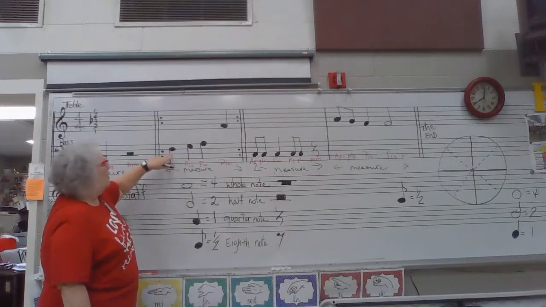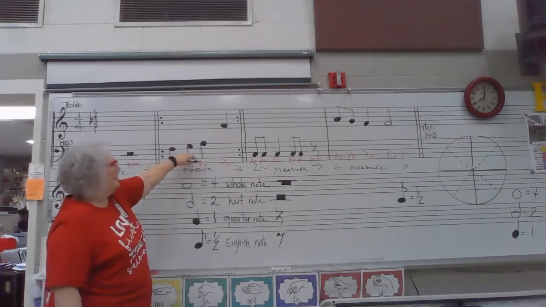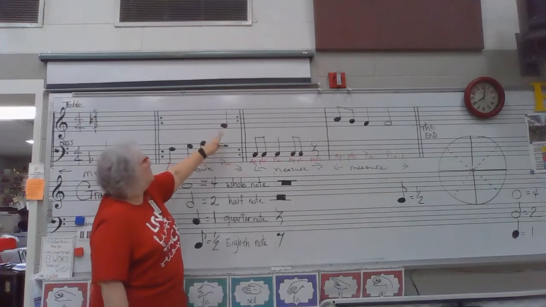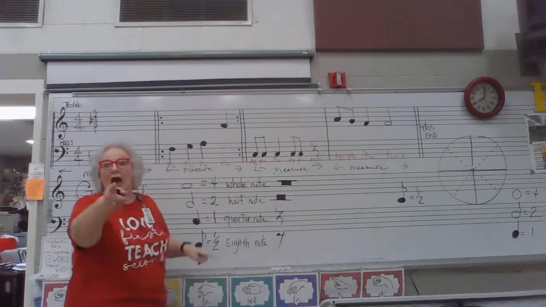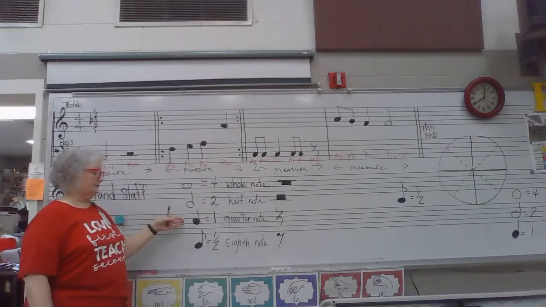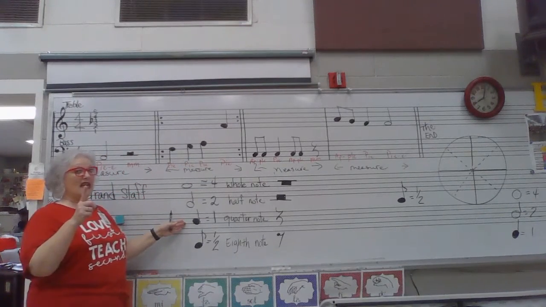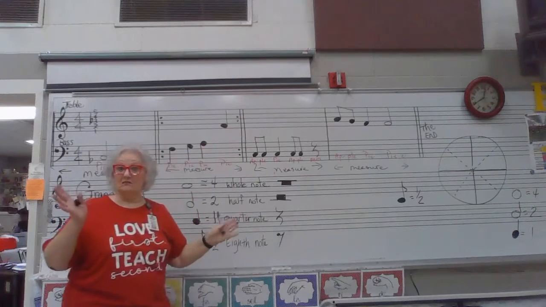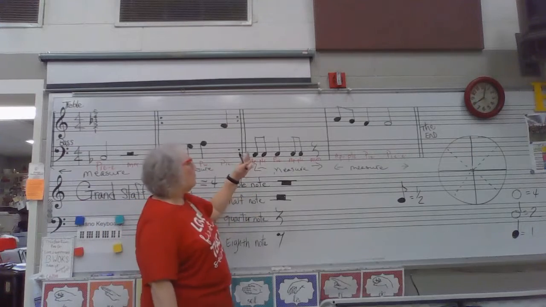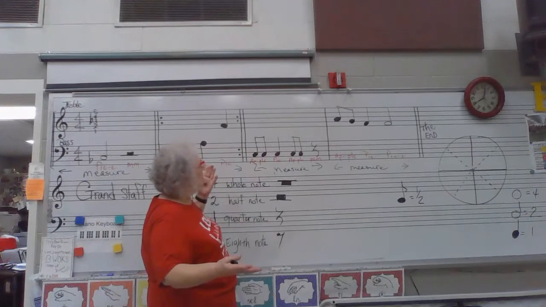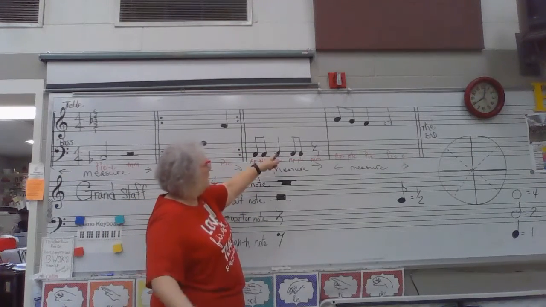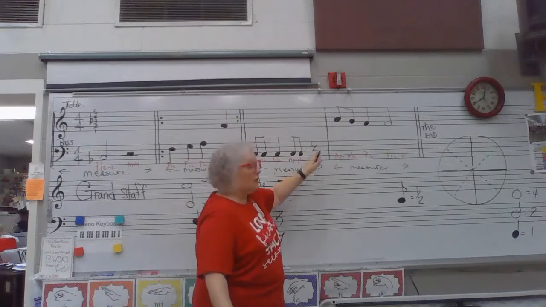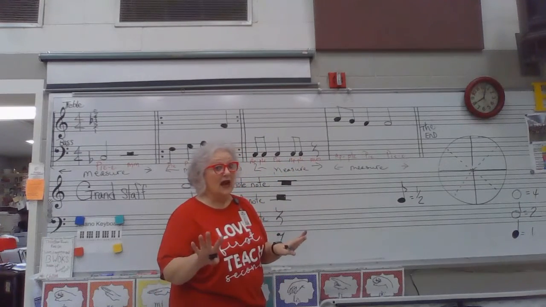Quarter note. Quarter note, good. Quarter note, awesome. Quarter note, good. How many beats does a quarter note get? 1 count each. 1, 2, 3, 4. There you go. Oh, what do we got here? I see a quarter note. I see a quarter rest. I know those get 1 count apiece.